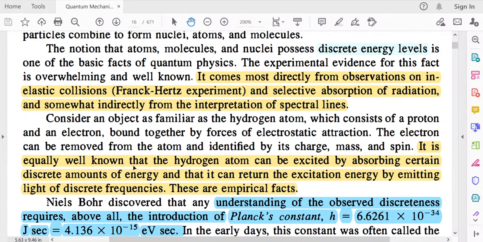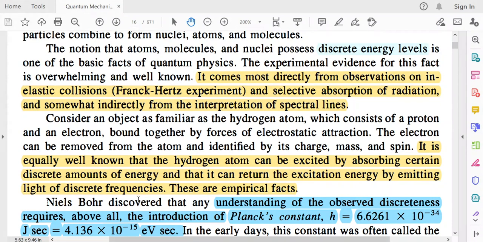It is equally well known that the hydrogen atom can be excited by absorbing certain discrete amounts of energy. So, after absorbing a particular energy, electrons can be excited from one level to another, and it always absorbs some discrete amount of energy, so that it can be excited from a particular energy level, suppose n equal to 1 to n equal to 3, and that it can return by emitting light of discrete frequencies.